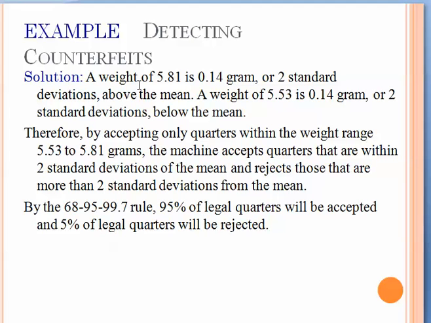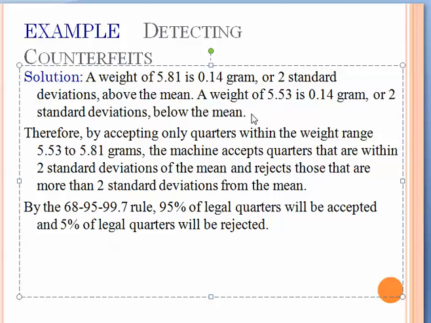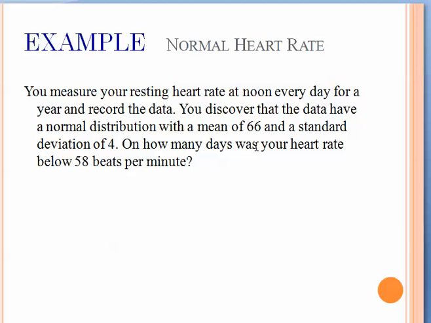A weight of 5.81 is 0.14 grams, or 2 standard deviations, above the mean. A weight of 5.53 is 0.14, or 2 standard deviations, below the mean. We found this answer by subtracting these given weights from the mean.